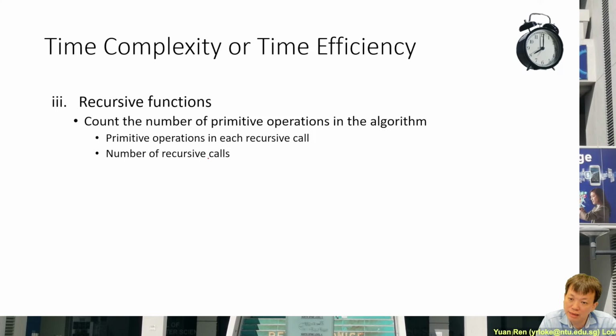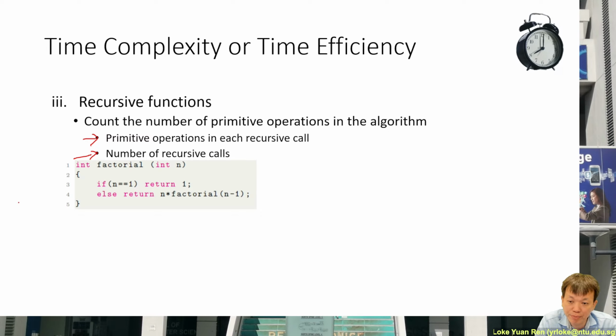So same thing, we still count the number of primitive operations in such an algorithm. But how do we analyze it? We need to know, for each recursive call, how many primitive operations it uses, and how many recursive calls we did. If you know each recursive call takes how many primitive operations, you sum it up, and that is the time complexity of that algorithm.